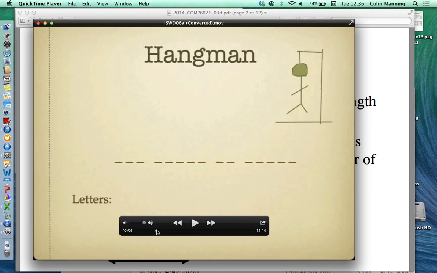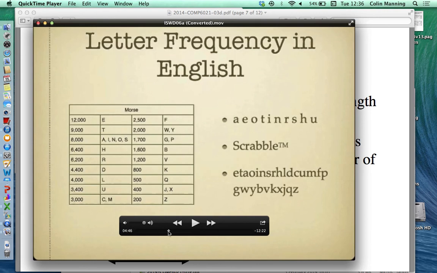And in English, T and E, for example, occur very frequently. That's why, for example, in Scrabble, some letters earn more points than others. If you can make a word with a Q, you get more points, because that's not as easy to do.